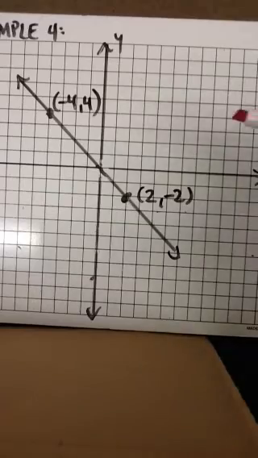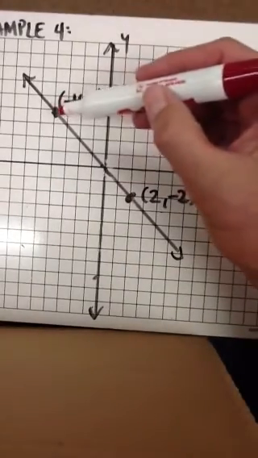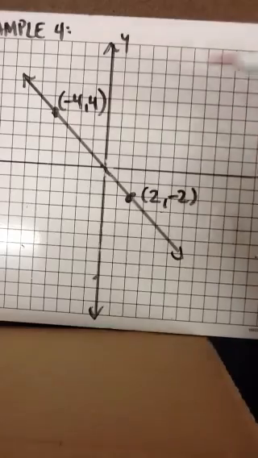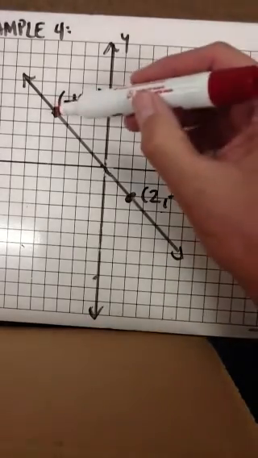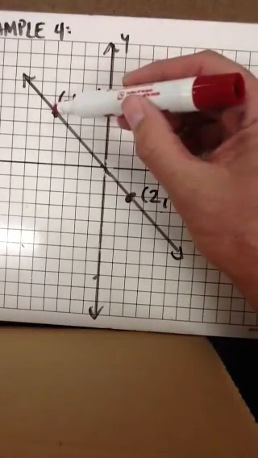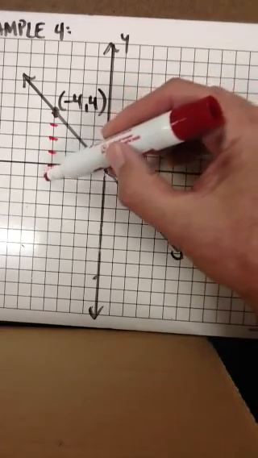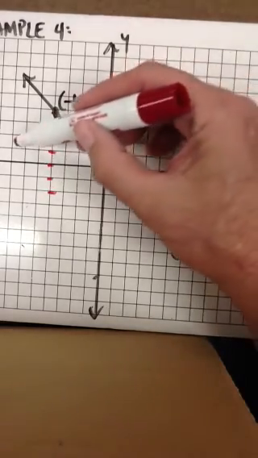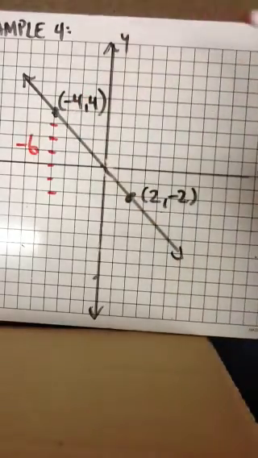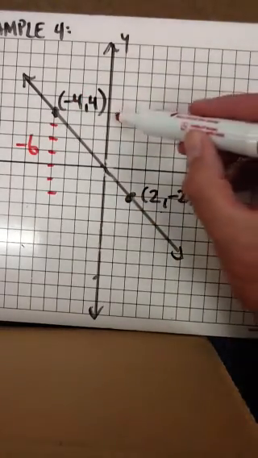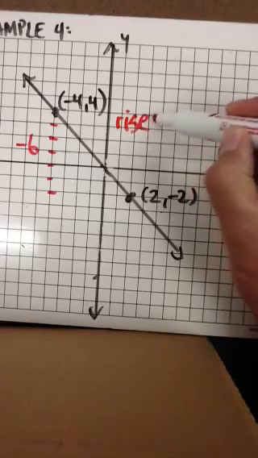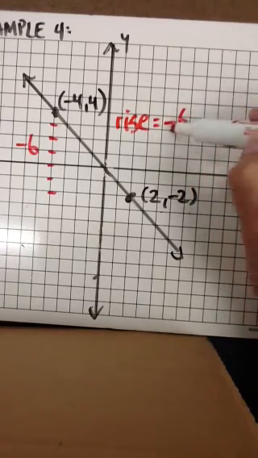Let's check your answer, see how you're coming along. First of all, this is a negative sloping line. It's going downward to the right. Let's start up at negative 4, 4 and count down. We have to count down 6 in the y direction. So the rise will equal negative 6.